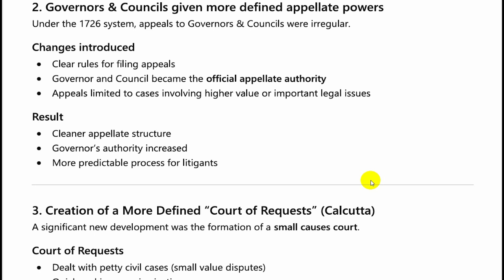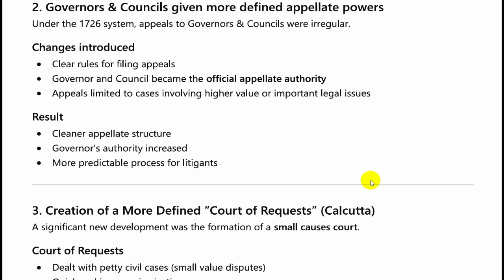The official appellate authority now was the governor and council. Appeals were limited to cases involving higher values or important legal issues. So this was a very important change: appeal limited to cases involving higher values only.